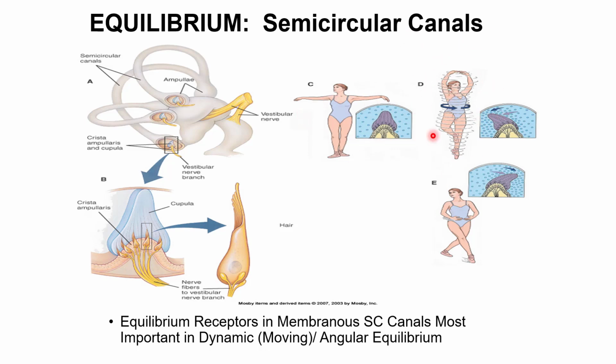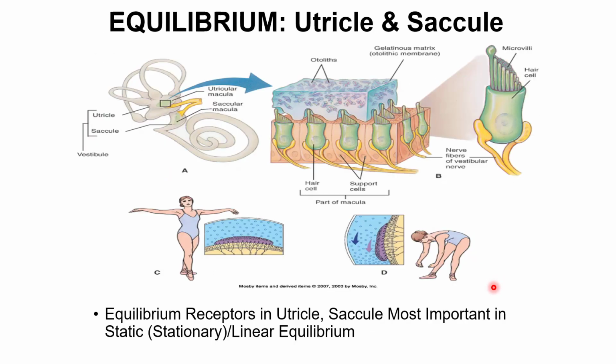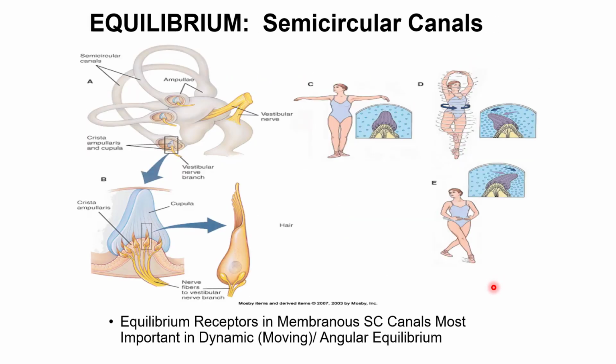Whenever you are rotating like this with angular motion, our semicircular canals have a fluid motion and are responsible for these equilibrium receptors, and they are important for the dynamic or angular equilibrium. So the utricle and saccule are responsible for the static and linear equilibrium, while the semicircular canals are responsible for the angular equilibrium.